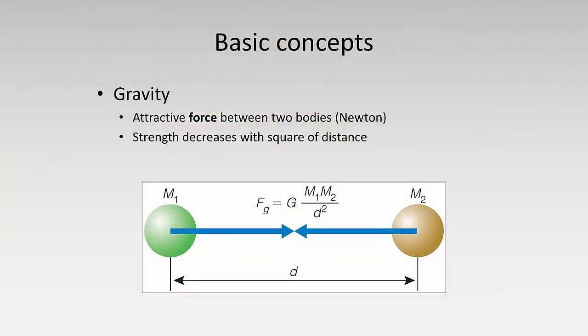And the strength of that force depends on how massive each body is and on the distance between them. So there's a very simple equation that describes this. Again, the larger the mass, the greater the force. The closer the distance, the greater the force. That will be important as we consider how the planets orbit the sun, how moons orbit planets, and so on and so forth.